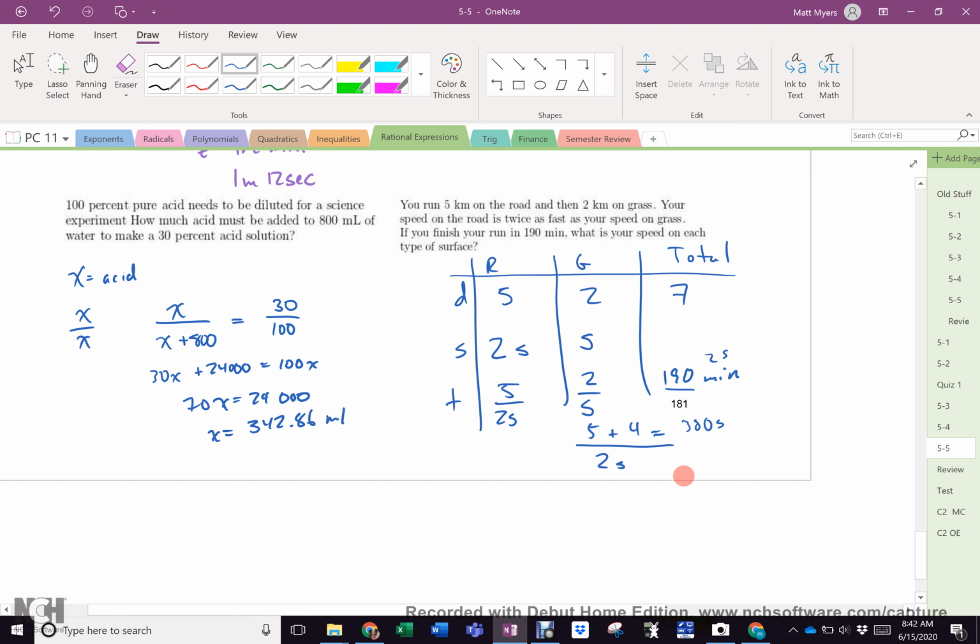So that is 14 equals 380s, so s equals 380 over 14. That's our speed. Now, of course, that's speed in minutes, so that's why it seems fast.